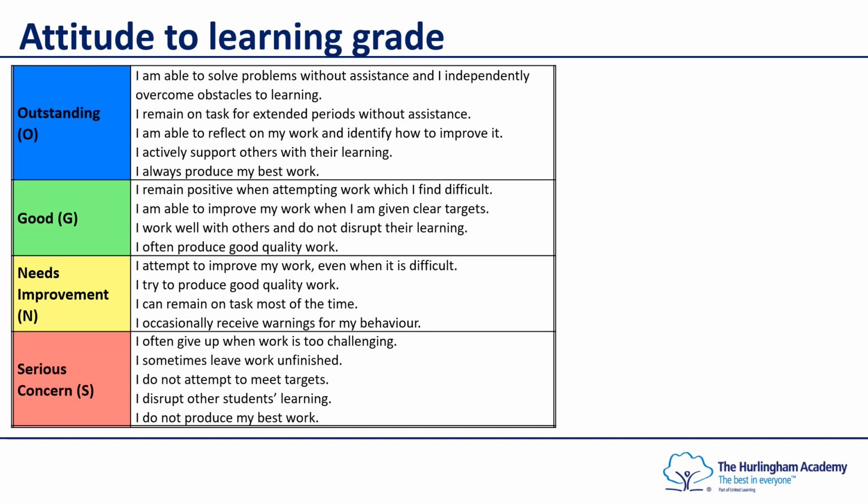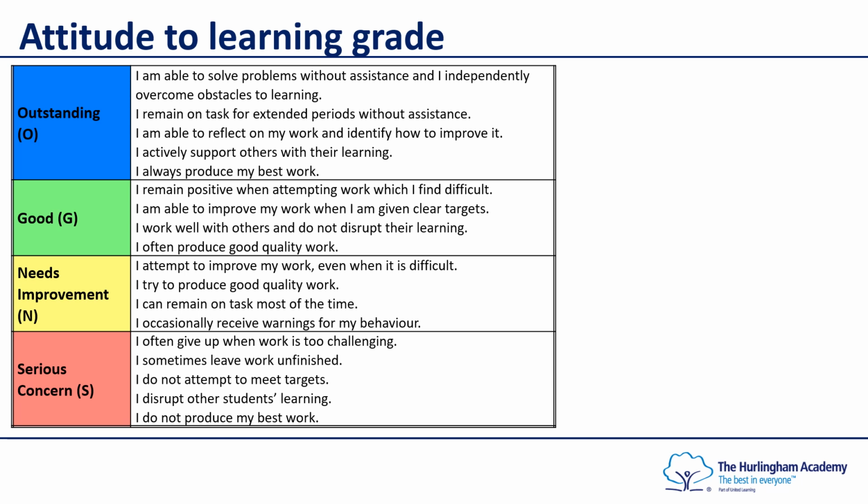Similarly, students whose attitude to learning was graded good tried hard and consistently met our high expectations for behaviour. Students who were graded outstanding or good consistently across subjects should be praised for their excellent start to secondary education.